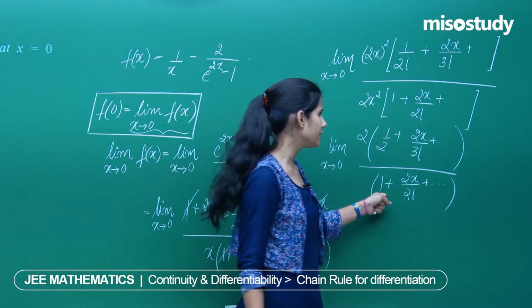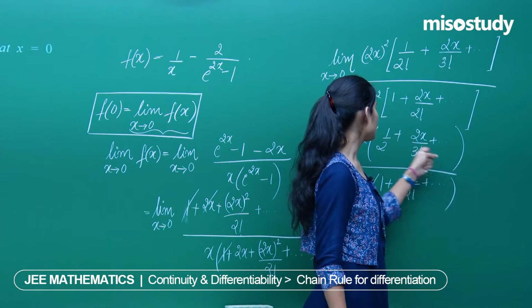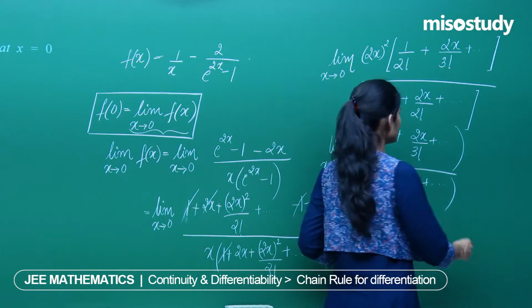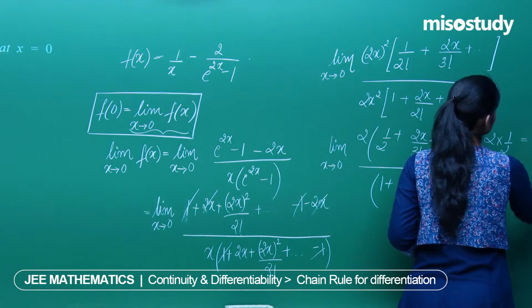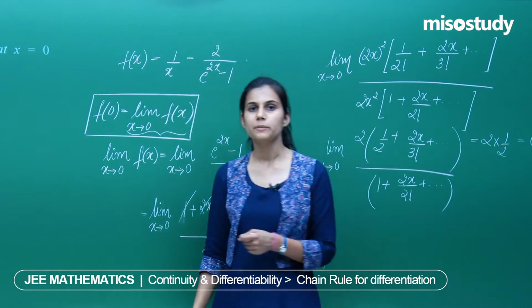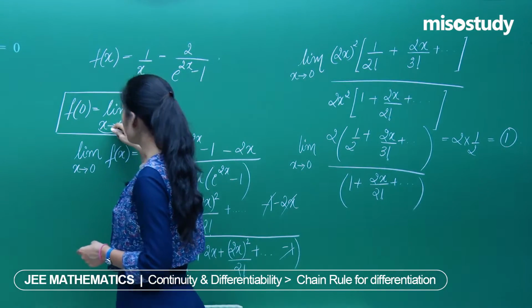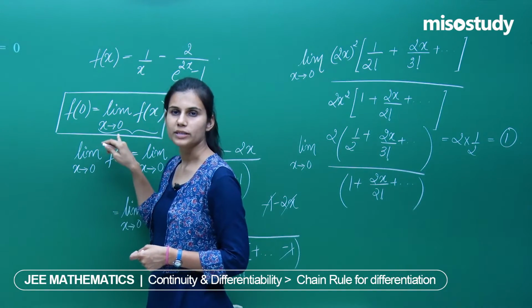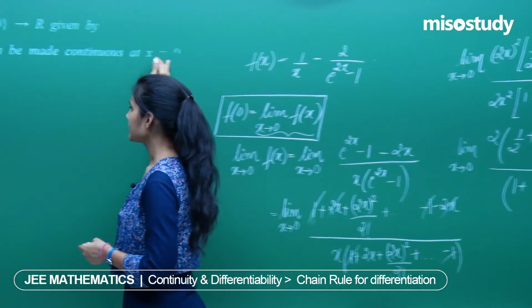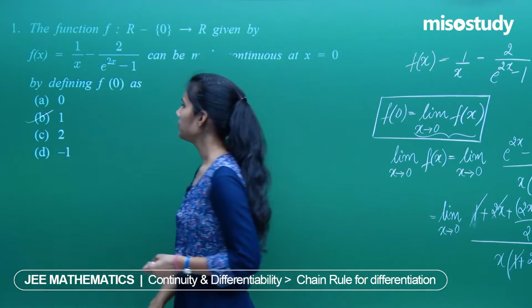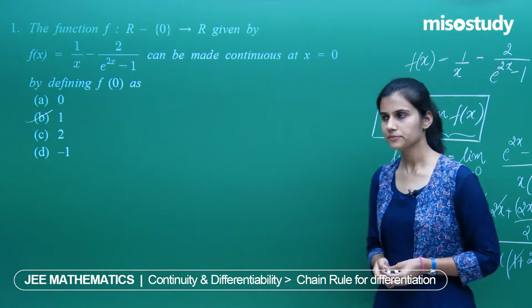So the denominator is 1. This complete thing becomes 0, so you are left with 1 by 2 plus 0. So eventually what you get is 2 into 1 by 2 whole upon 1, which is 1, and therefore the limit that you get for f of x as x approaches 0 is 1. f of 0 should be equal to 1 for f to be continuous at x equals 0, and therefore option number B is the correct one.